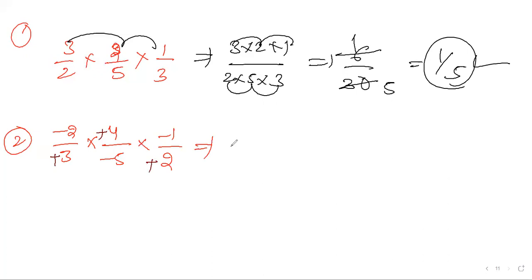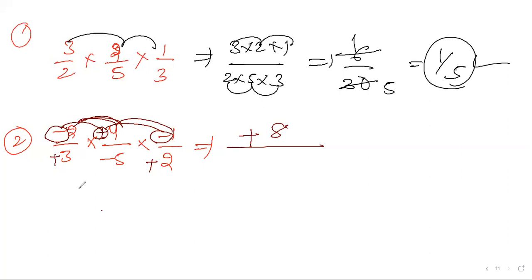Next, first you multiply: minus into plus, minus. Minus into minus, plus. Total is plus. 2 4s are 8, 8 1s are 8.